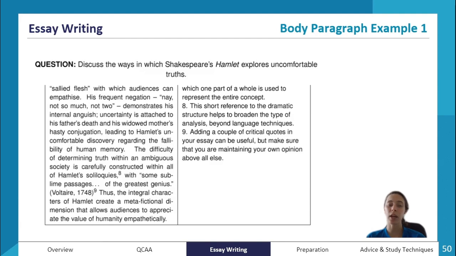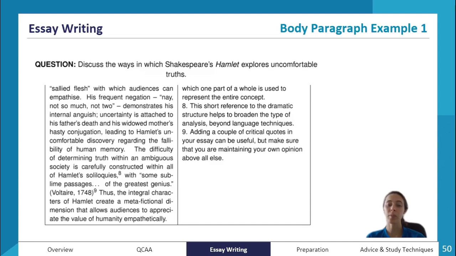You also can have these subtle references to things. So frequent negation: you're identifying that it's a repetitive kind of thing. You're identifying that strategy that has been used, and that is showing your knowledge.